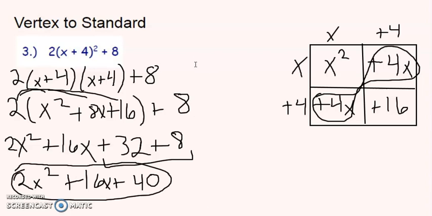So let's go over that 5-step plan again. Step 1, expand. Step 2, multiply out using the box method. Step 3, rewrite before we distribute. Step 4, distribute.